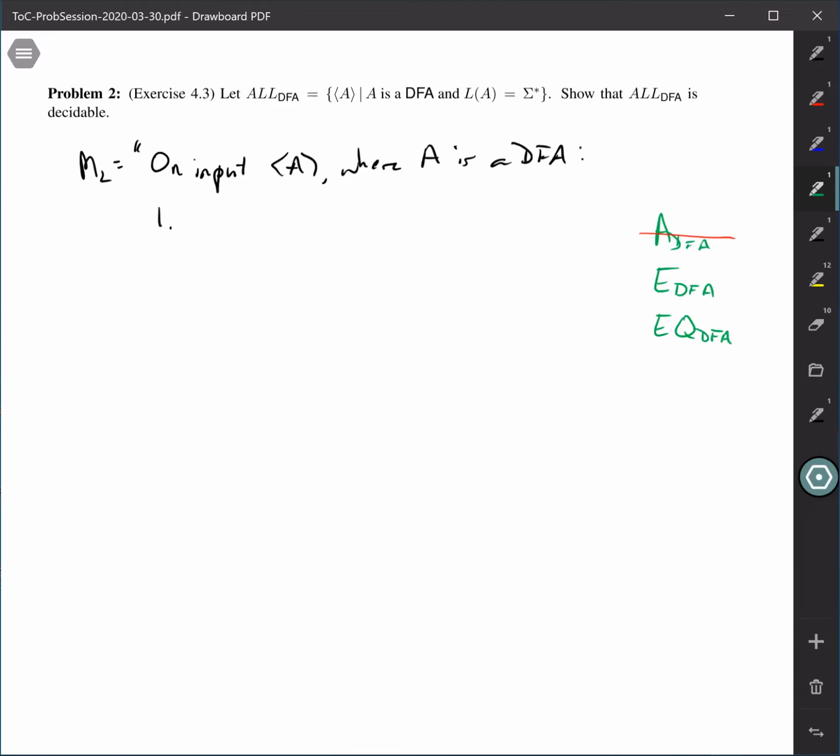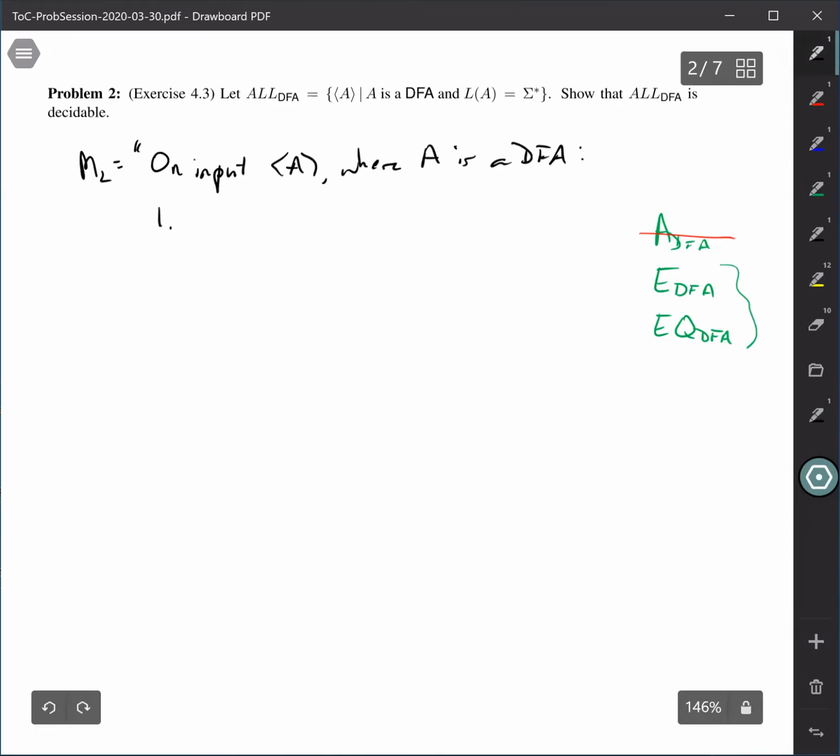So you have an A and a B, and you're asking whether the language accepted by A is equal to the language accepted by B. It's not about an individual string, it's about the language as a whole. So both of these are about languages and about DFAs that accept languages. And so we're going to focus on those as our best candidates for using for this problem.